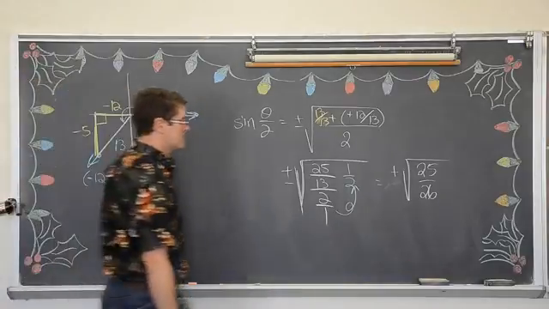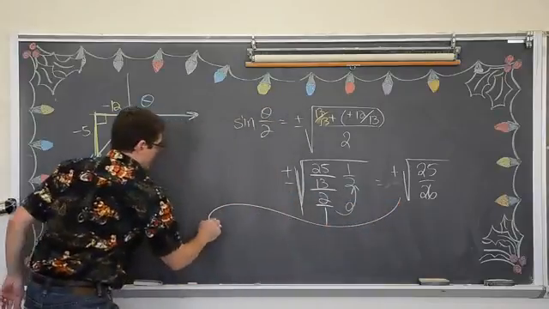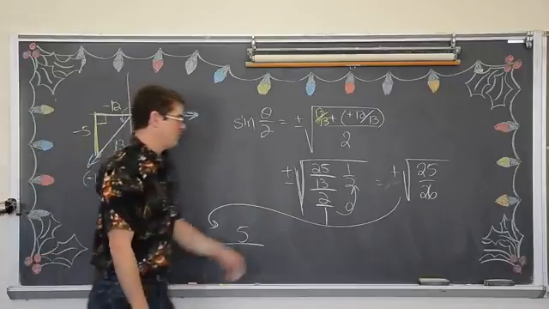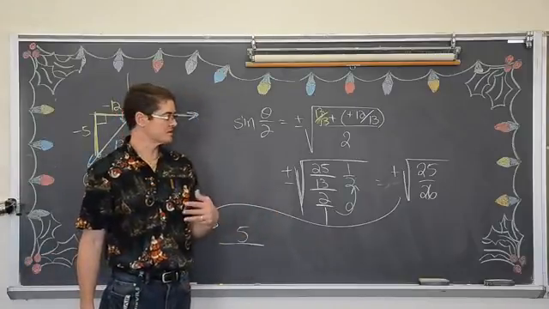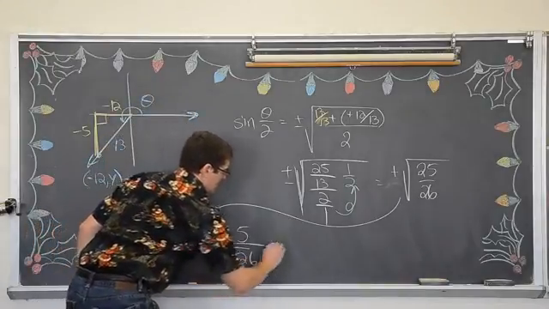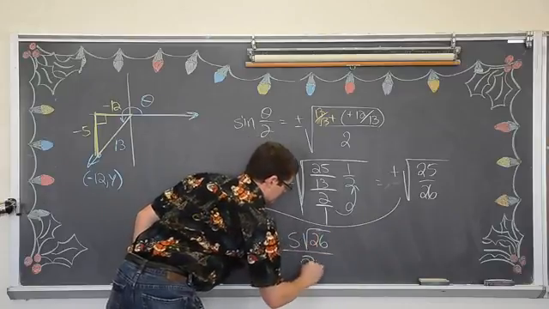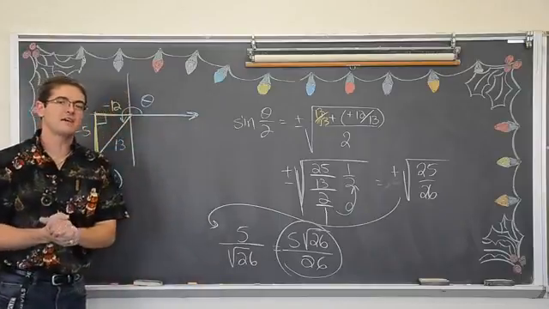The square root of 25 is clearly 5. For 26, is there a perfect square? No, there is no perfect square in 26. So it's going to be 5 over the square root of 26, which is going to be 5 square root of 26 over 26 after you rationalize the denominator, and that's the sine of the half angle.